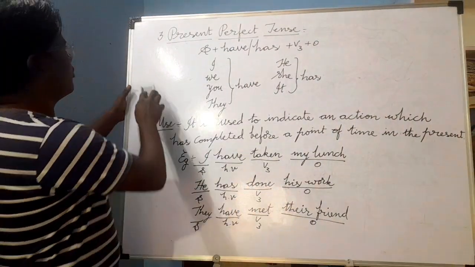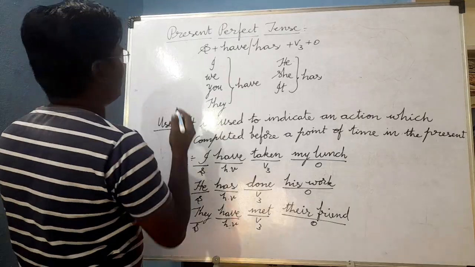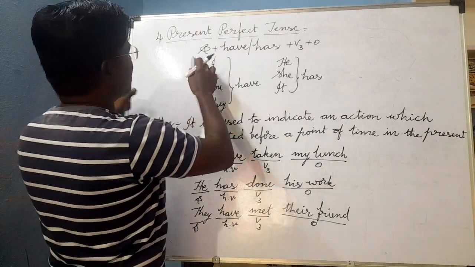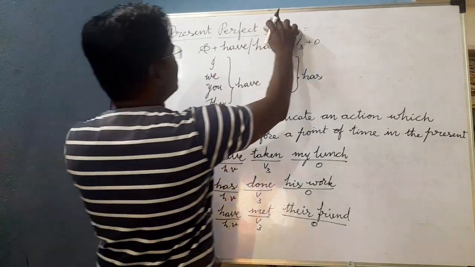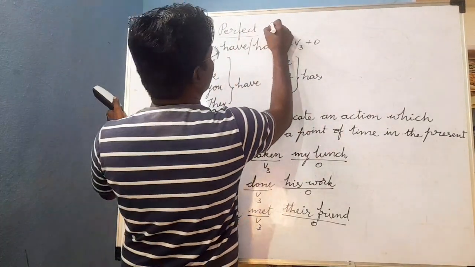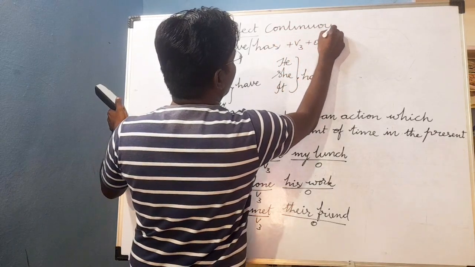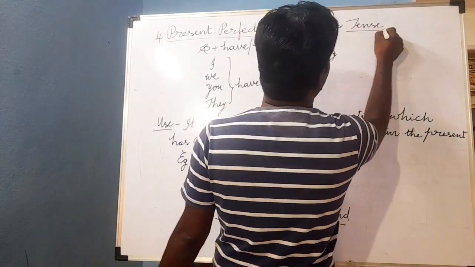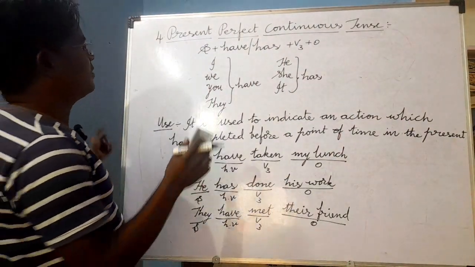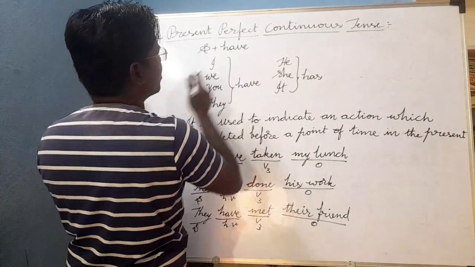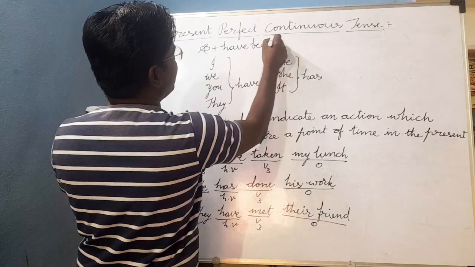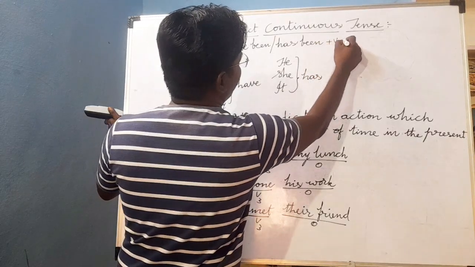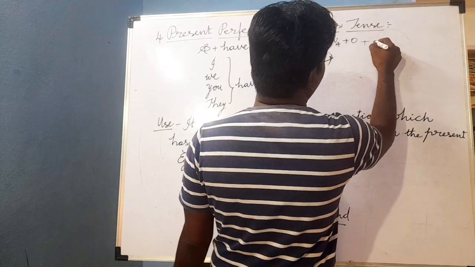Okay, next. The fourth subtense of present tense is the present perfect continuous tense. The structure is: have been or has been plus V4 plus object plus since or for.